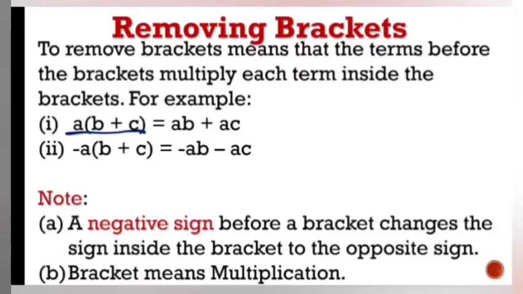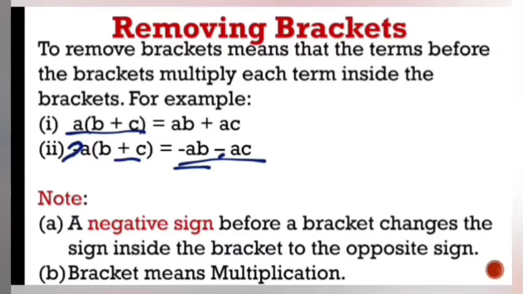Now what we mean is this: minus A times B is minus AB. And this minus multiplying this plus gives us minus. So minus A times C gives us minus AC.